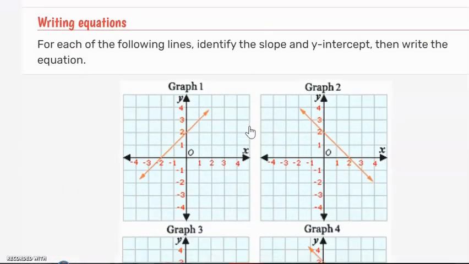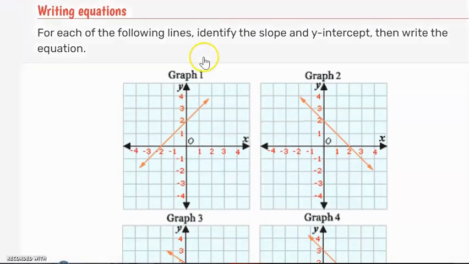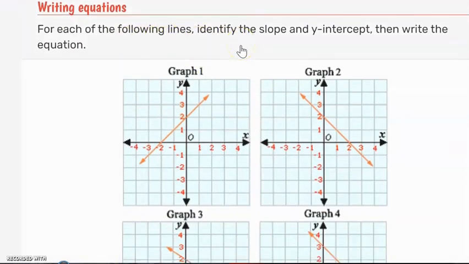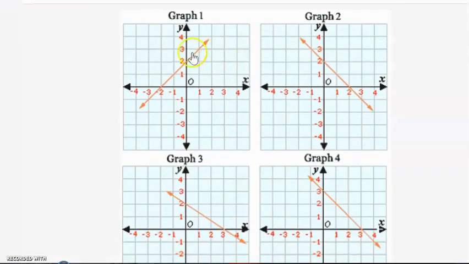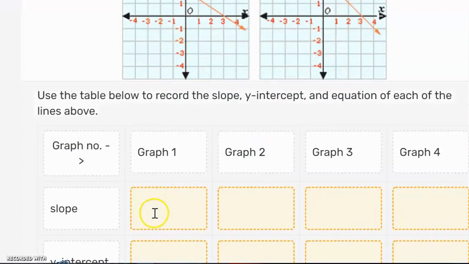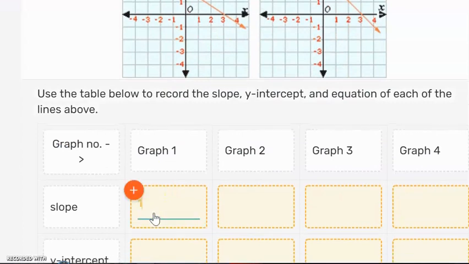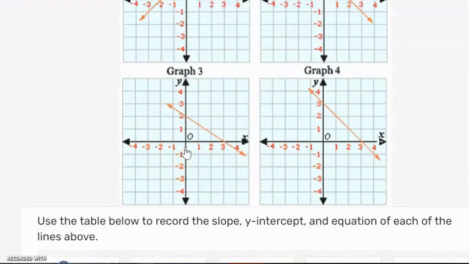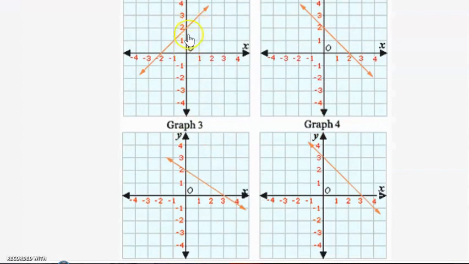Right here, you're going to write equations for each of the following lines. Identify the slope and y-intercept, then write the equation. So for graph 1, I can find my slope. I can pick a point, and I'm going up 1, over 1. So my slope is 1 for graph 1. My y-intercept is at 0, 2.